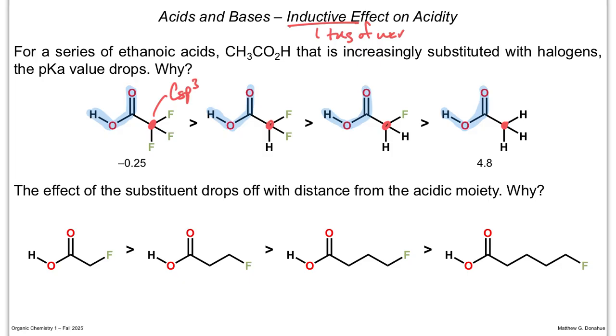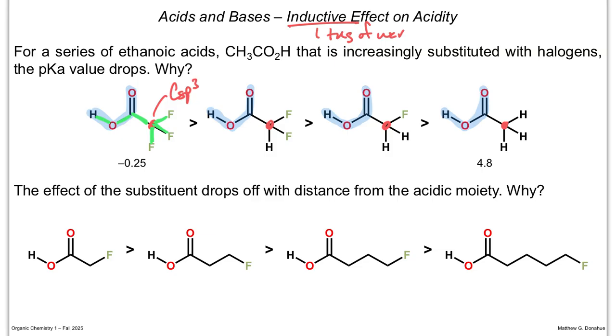I'll try it in green here. Because those fluorines are electronegative, they're basically just pulling through that sigma bond network.